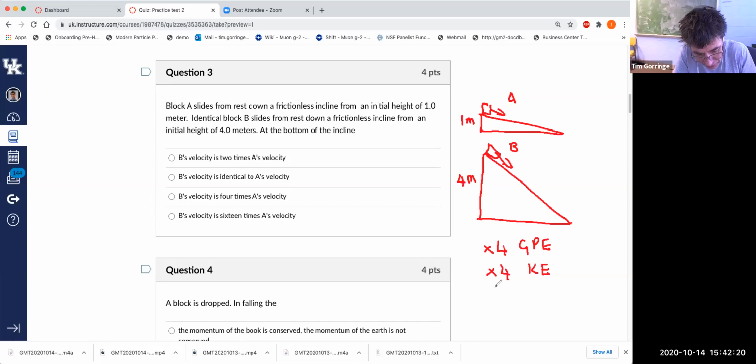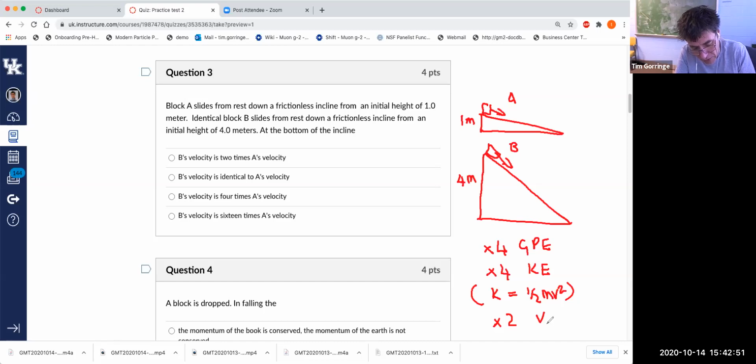And then finally, kinetic energy is energy by virtue of motion. It depends on the speed. It depends on the square of the speed. Its relation to speed is that kinetic energy equals 1/2 mv squared. So to quadruple the kinetic energy, it must be that the speed of B at the bottom of the incline is twice as big.